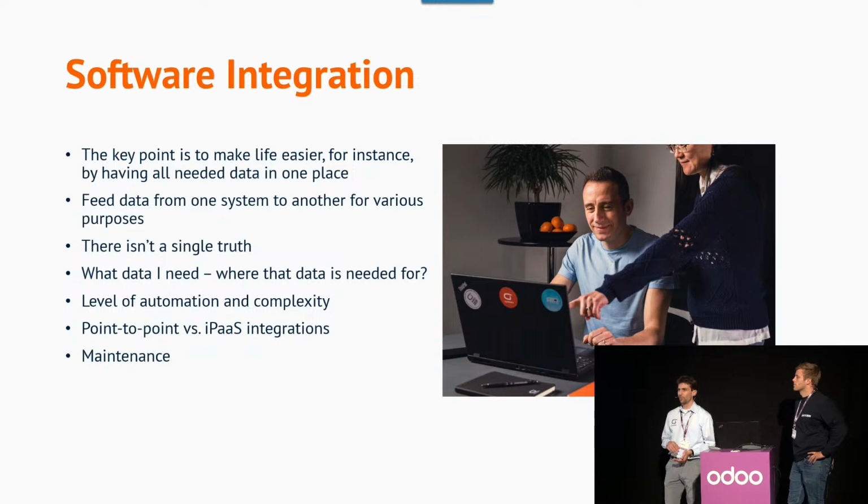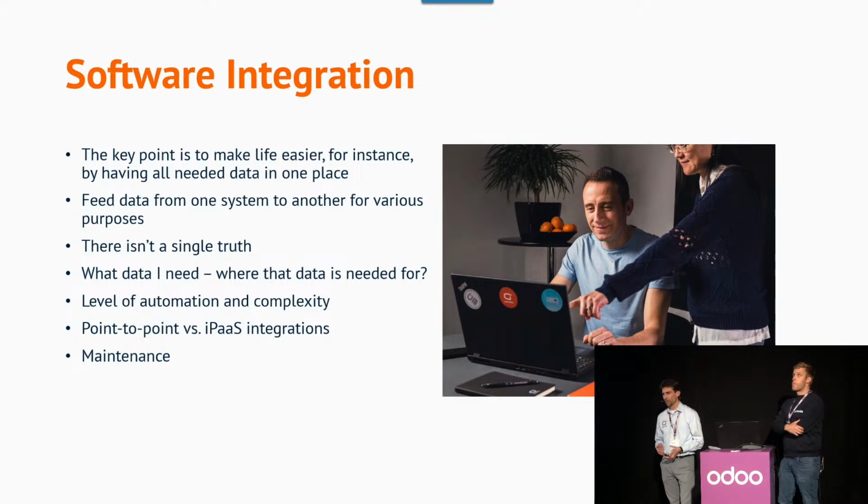By integrating different software, you can automate the data flows and you can avoid probably costly errors or mistakes while making typing errors or forgetting to do something. So that is really important. Even though you are integrating similar systems in different companies, there is not a single truth or one solution that fits all.